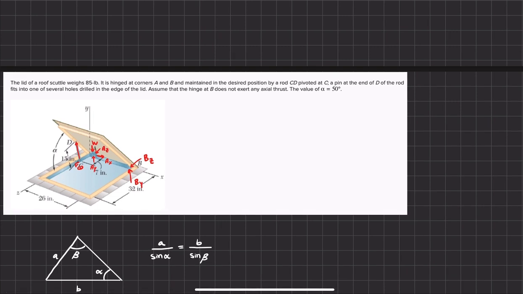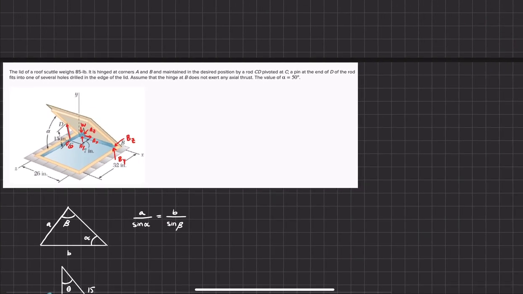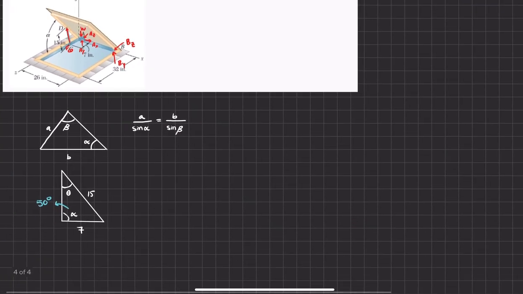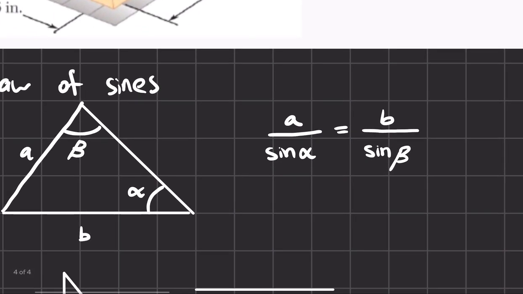Let's go ahead and solve for the magnitude of the force exerted by rod CD. So we're trying to find this FCD right here. I already drew out this triangle in case you need a refresher. This is the law of sines, where this A length over sine alpha is equal to B over sine beta.